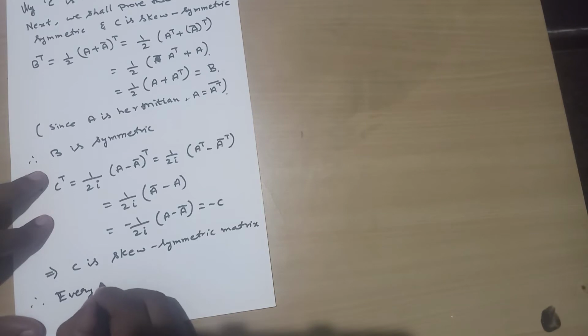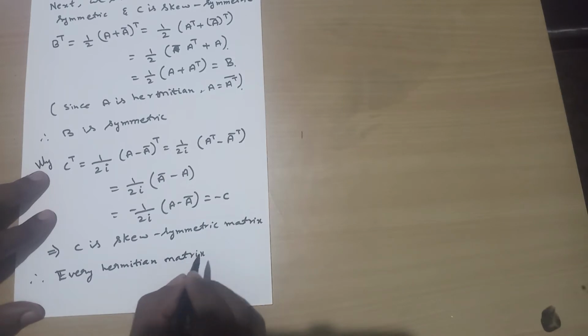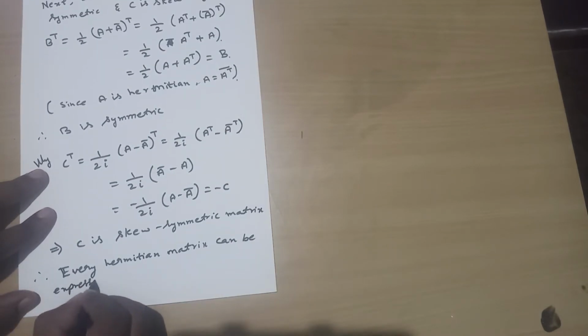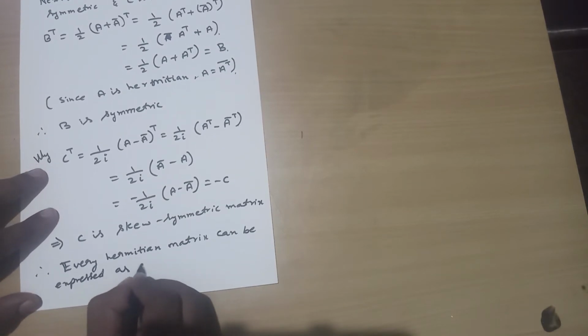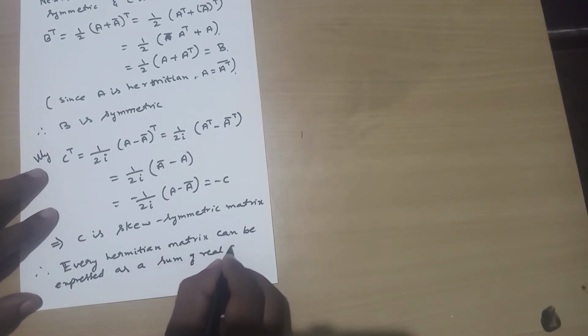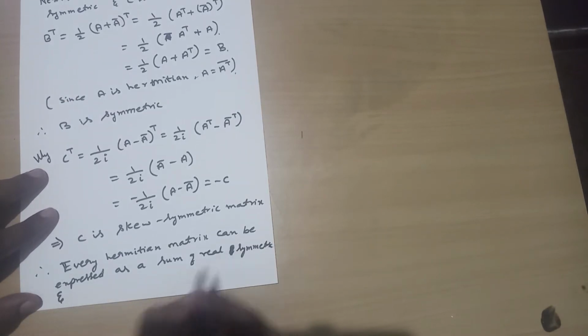So therefore every Hermitian matrix can be expressed as a sum of real symmetric and real skew symmetric matrix.